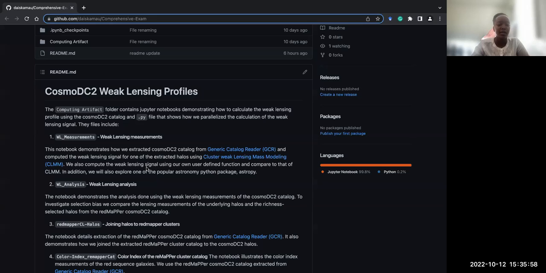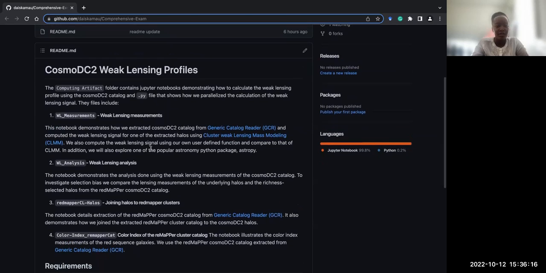So we opted to use the user-defined function, which was faster and easy to parallelize, since there are more than 180,000 clusters for which I was required to compute the weak lensing signal. The first notebook entails the extraction of the cluster catalog and computing the weak lensing signal from the 2 methods.